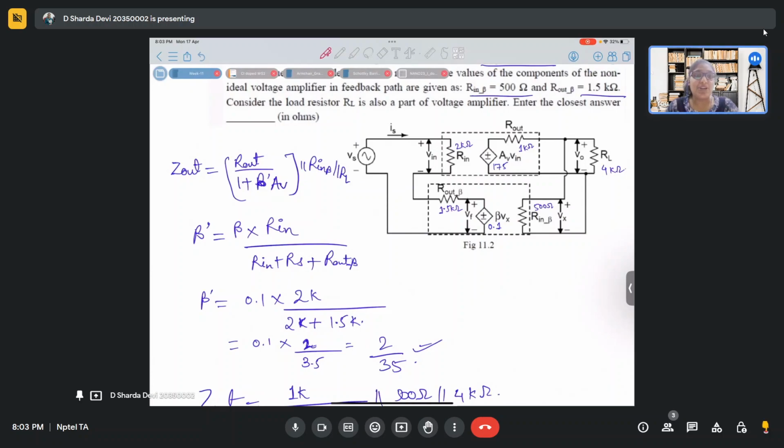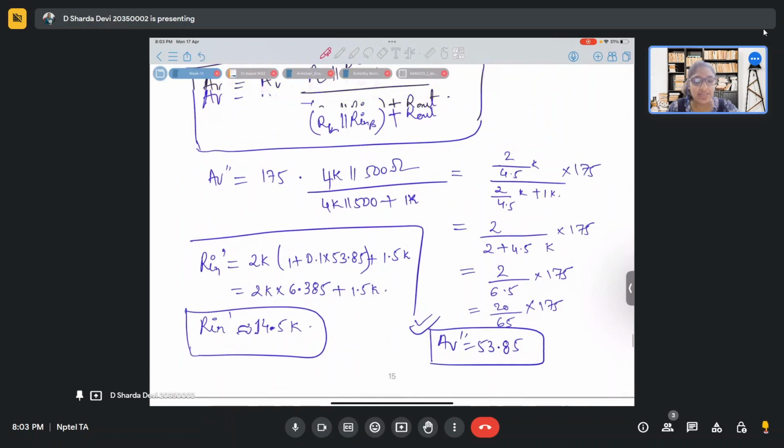But when it is non-ideal, that is the case where it becomes a little tricky, because beta is changing, gain is also changing with these non-ideal factors. So there we can maybe look into how these factors are actually being introduced into the formula. For that you can follow the lectures which are posted.